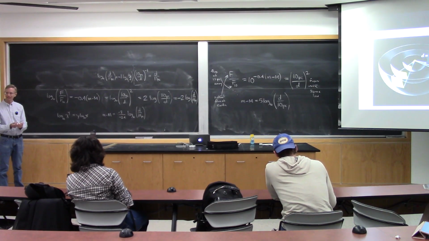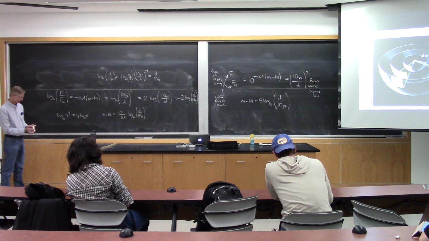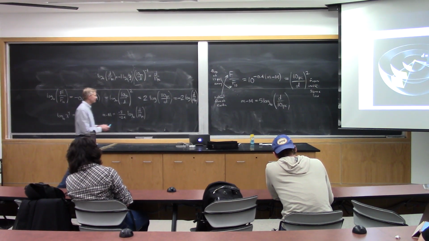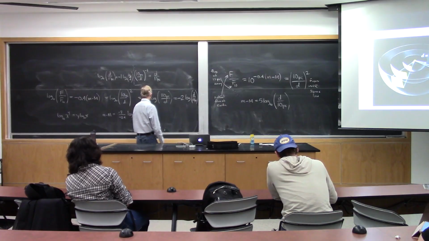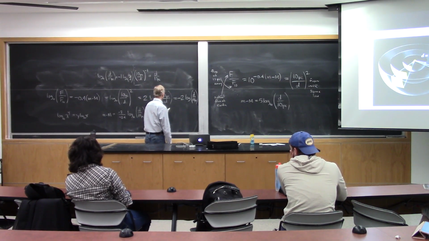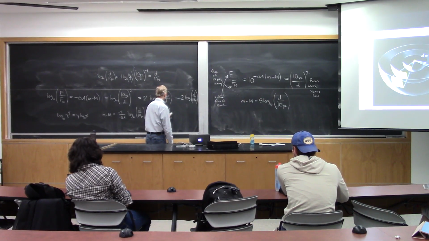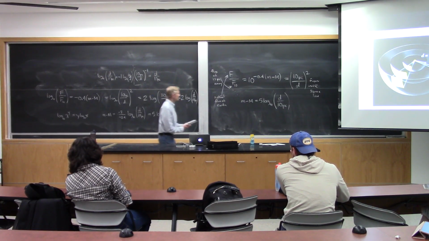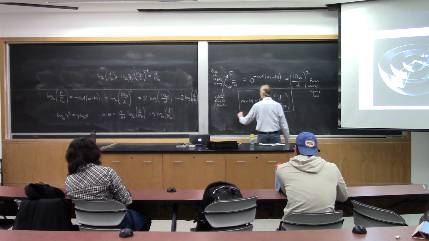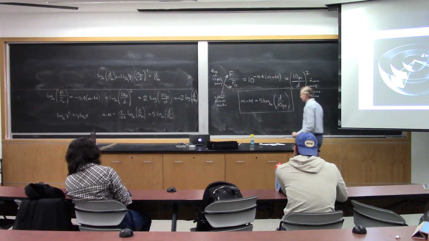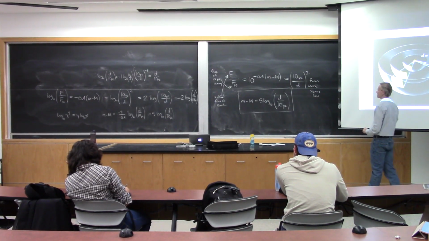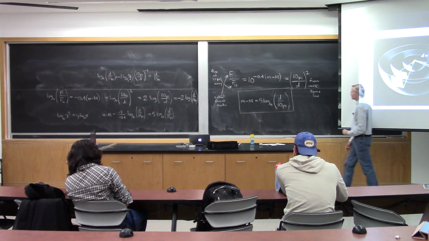It's 5, right? That's just 5. So you get, as advertised, little m minus big M is 5 times the base 10 logarithm of d over 10 parsecs. So this is worth drawing a box around. Little m minus big M is 5 times the base 10 logarithm of the distance over 10 parsecs.